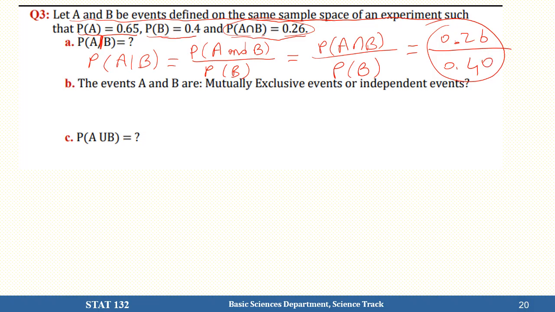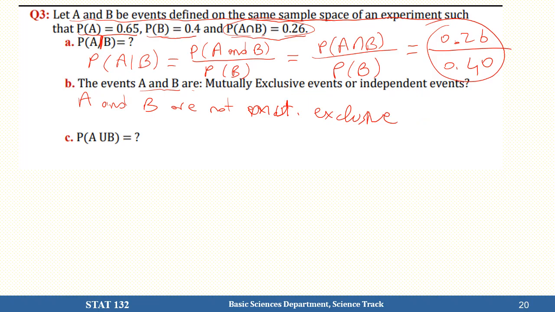And the events A and B, are they mutually exclusive or independent events? So this is the question, are they mutually exclusive or independent? So A and B are not mutually exclusive, because if you remember, mutually exclusive means their intersection is the empty set.